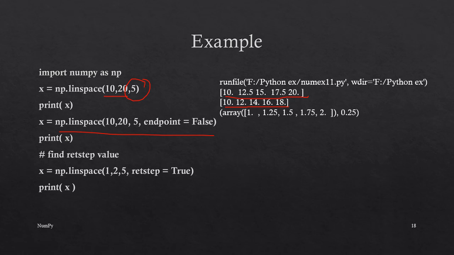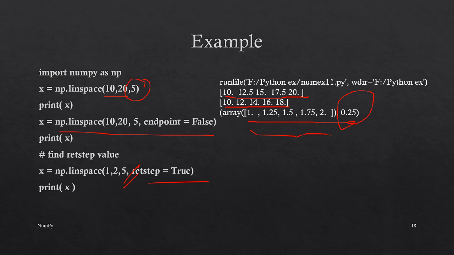Then in the next one we have put retstep to true. So see the array 1, then 1.25, 1.5, 1.75, 2, and we are printing the step value also together. Since retstep is true, between 1 and 2 we need to evenly place 5 elements.